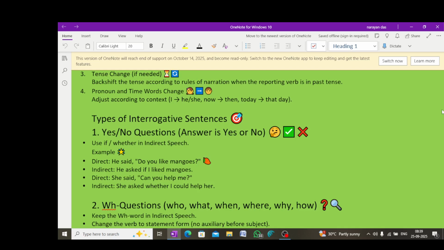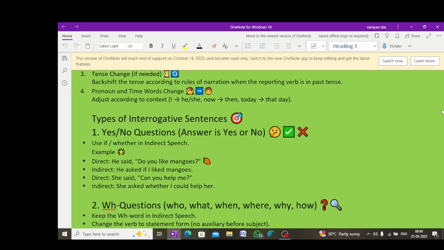Indirect: he asked if I liked mangoes. So said is replaced by asked, and in place of the interrogative, if is used. The pronoun you has been changed into I, like as usual has been changed to past because the reporting verb said is in past, and no other changes are made. The interrogative mark is eliminated, only a full stop.